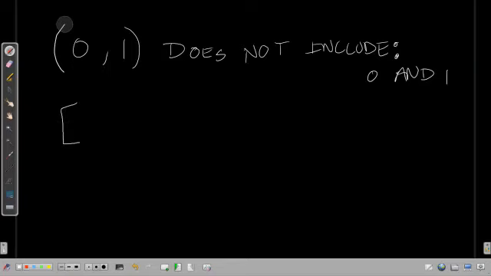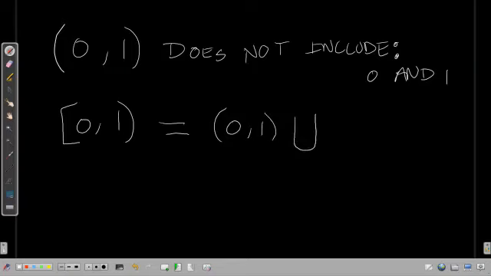If I am talking about this interval that has the square bracket on the 0, this is the same interval as the interval from 0 to 1 together with the single point 0. This is analogous to a plus sign. It's the union.